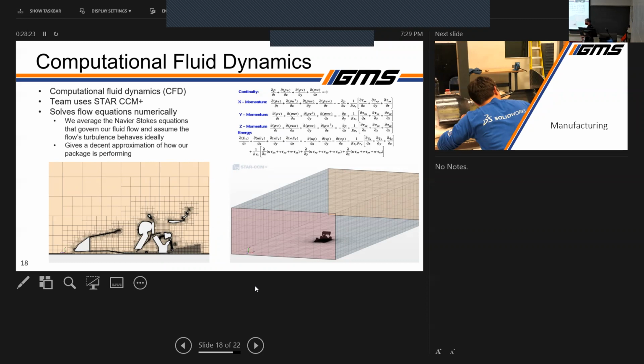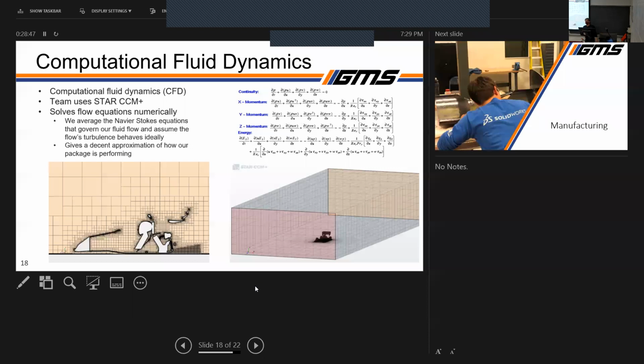And that's what CFD is. CFD takes a problem that is infinitely complex and breaks it up into a finite number of less complex problems. Each and every individual node and cell is running through and solving an approximated version of these Navier-Stokes equations.